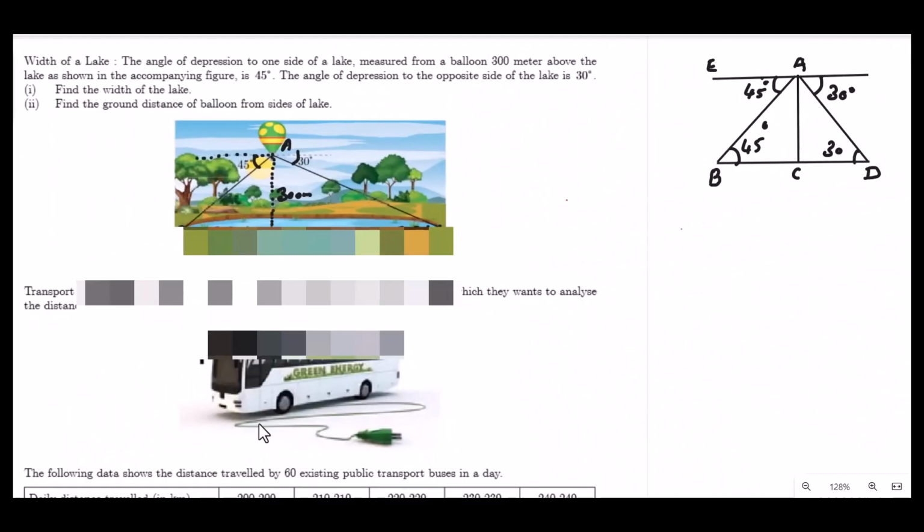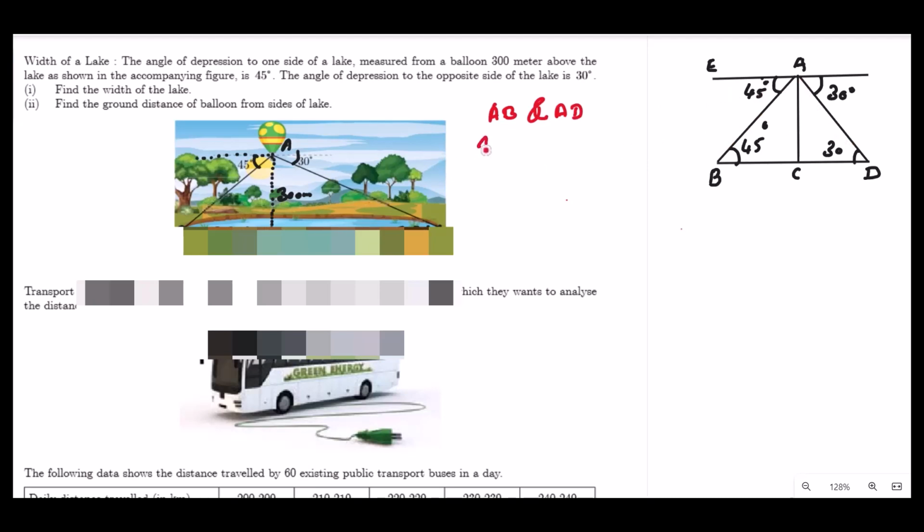Okay. Now the next question is, find the ground distance of the balloon from the sides of the lake. That is, we have to find AB and AD, the distance from A to B and the distance from A to D. How do we find the distance AB?